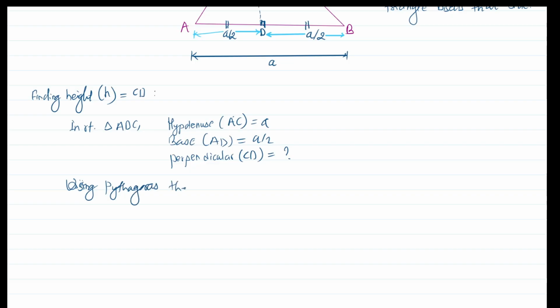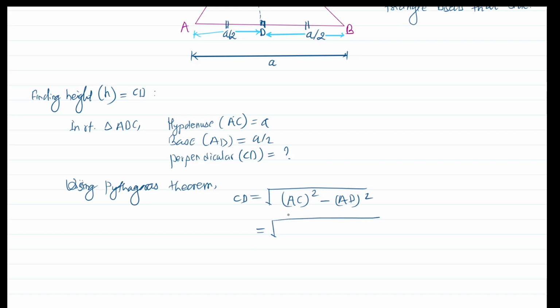Pythagoras theorem, perpendicular CD would be equal to hypotenuse squared minus base squared. Hypotenuse is AC squared minus base squared, that is AD squared, right?